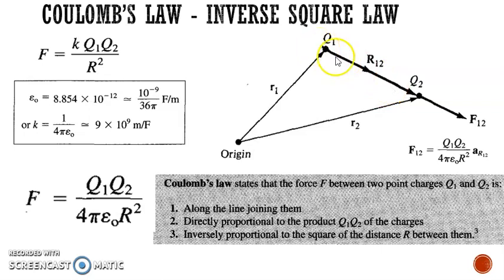Here epsilon is the permittivity of the medium, and epsilon naught is the permittivity of free space. K as 1 by 4 pi epsilon naught has a value of 9 into 10 raised to 9.